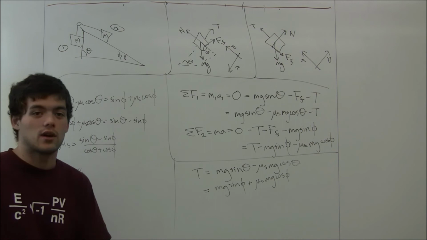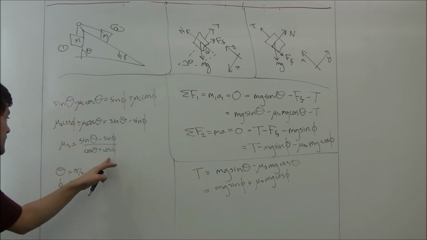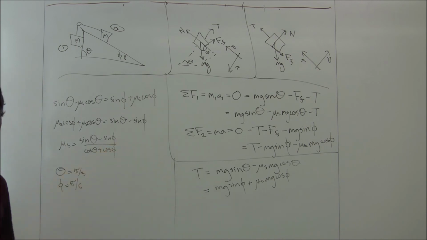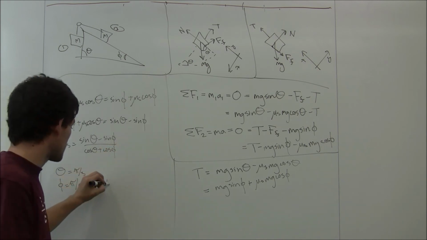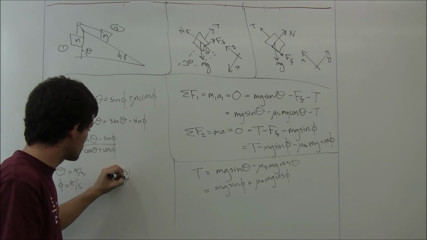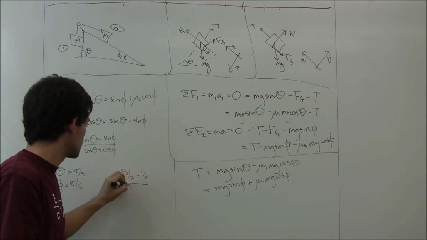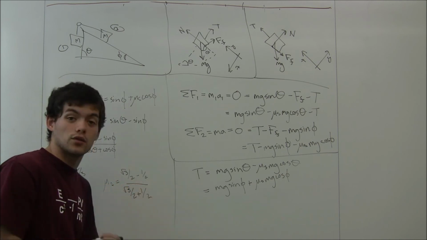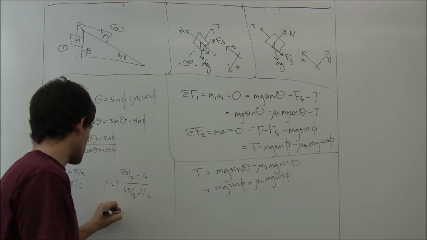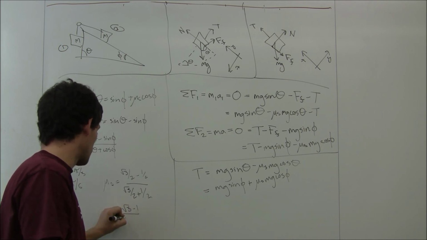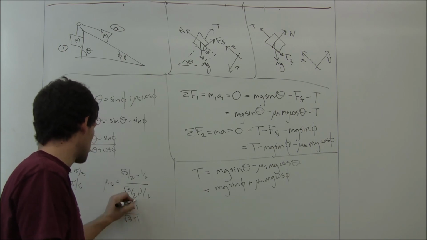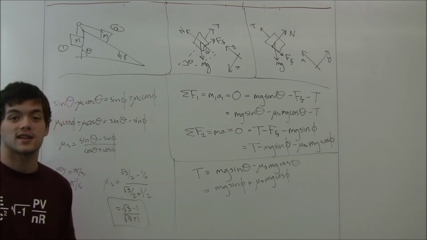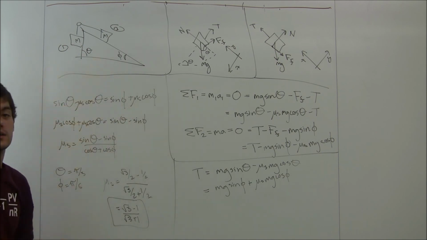And this tells us that since we know sine theta and cosine phi are both the square root of 3 over 2, and sine phi and cosine theta are both 1 over 2, this gives us mu sub s is equal to root 3 over 2 minus 1 over 2 divided by root 3 over 2 plus 1 over 2, and we can cancel out all of those two denominators to give us mu sub s is equal to root 3 minus 1 over root 3 plus 1. And that is our final answer. This is the minimum coefficient of static friction for which these two blocks will not slip.